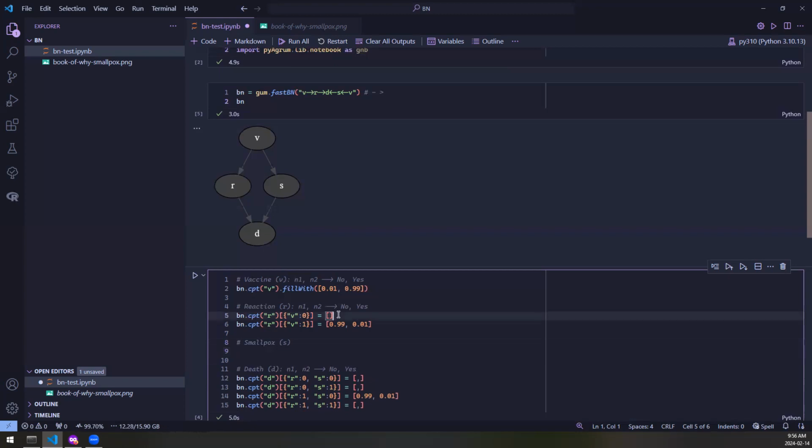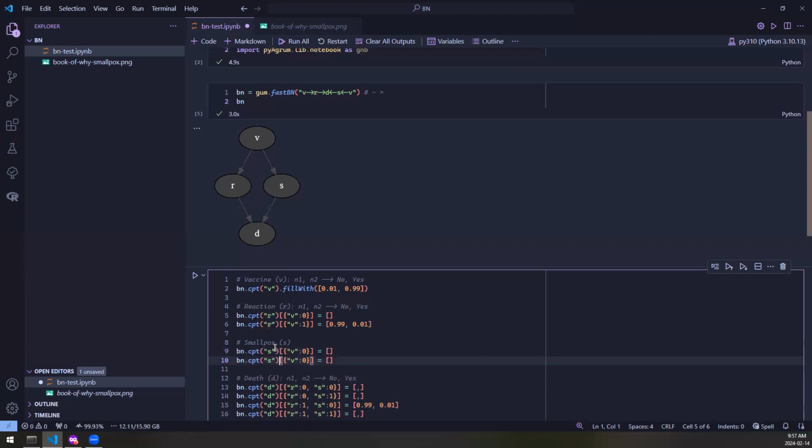I'm just going to copy and paste to make it simpler. We have two possibilities only, just because smallpox is child of vaccine. So our variable is smallpox, variable S. We have vaccine false, vaccine true.